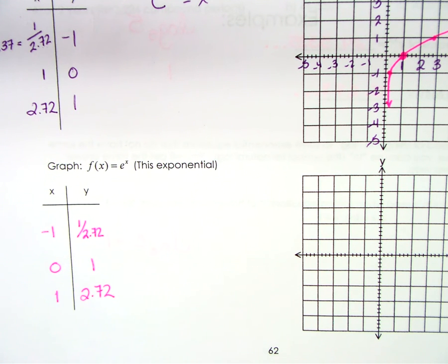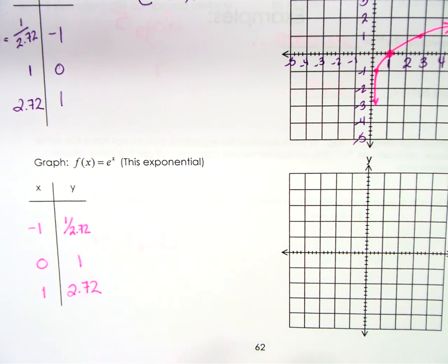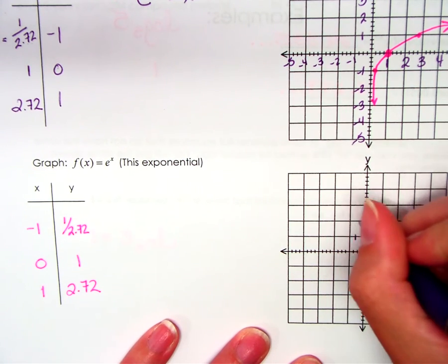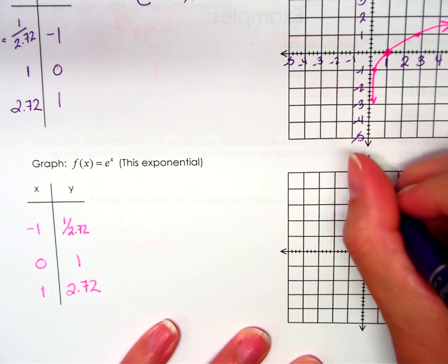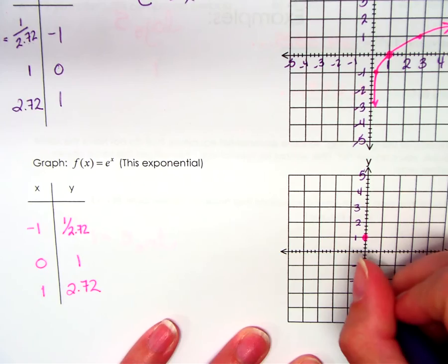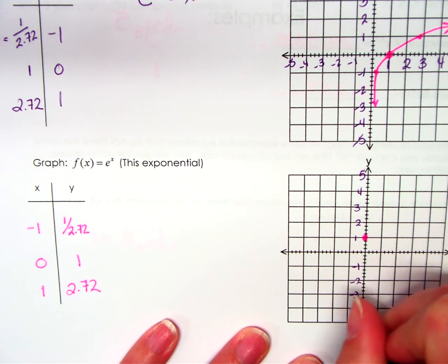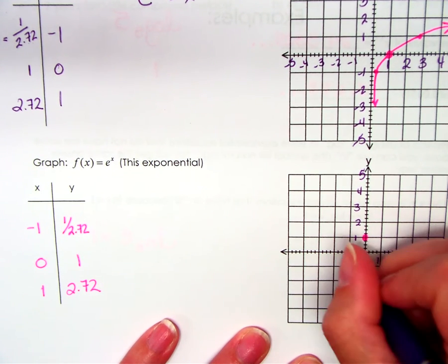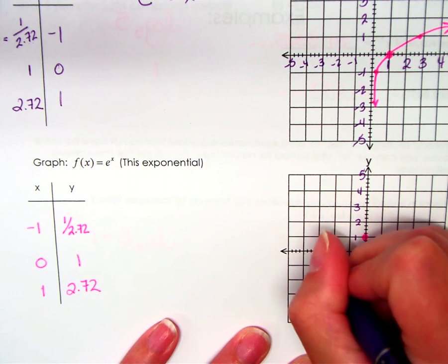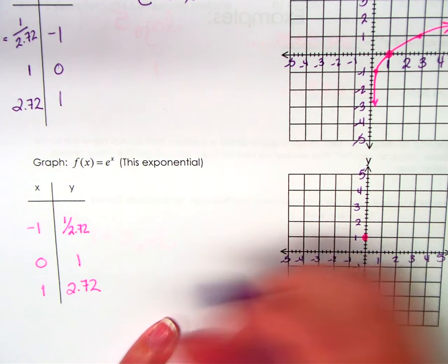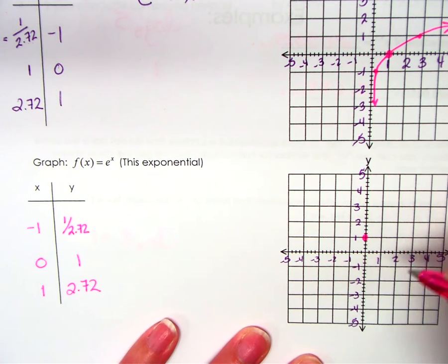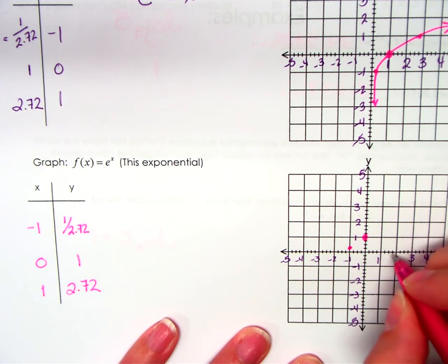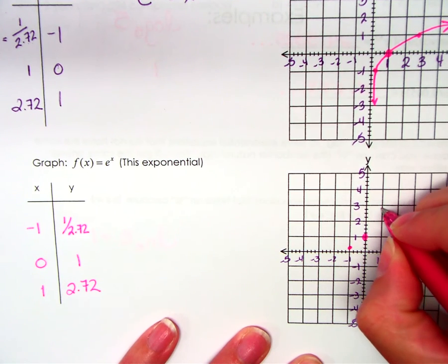Yeah, and our common point changes. Our common point is now here. Ooh, I didn't put any increments on. So at -1, I'm at about a third, and at positive 1, I'm approximately 3.